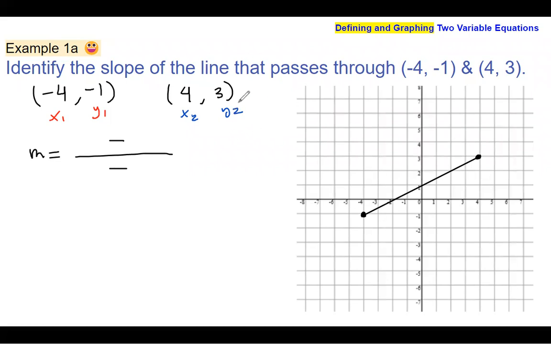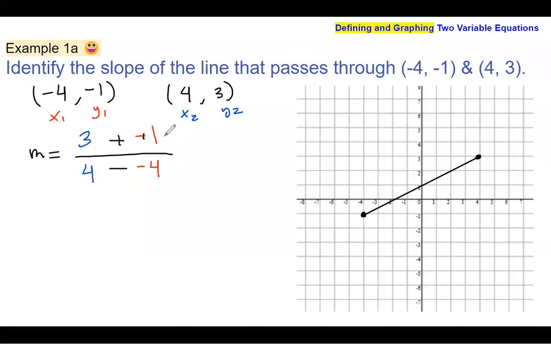y2 minus y1. So y2 is 3 minus y1 is -1. Then it's x2 minus x1, which is -4. Now remember that we have our additive inverse, which means I change, I flip, or I have no idea how you guys do it.